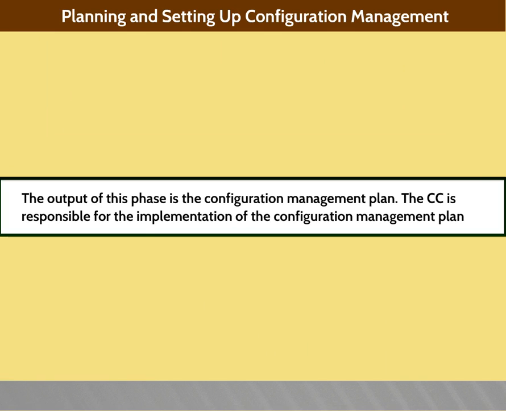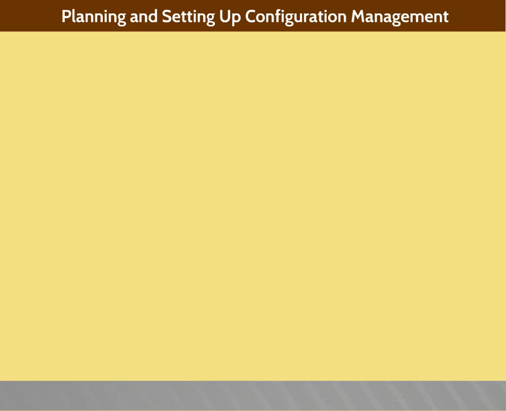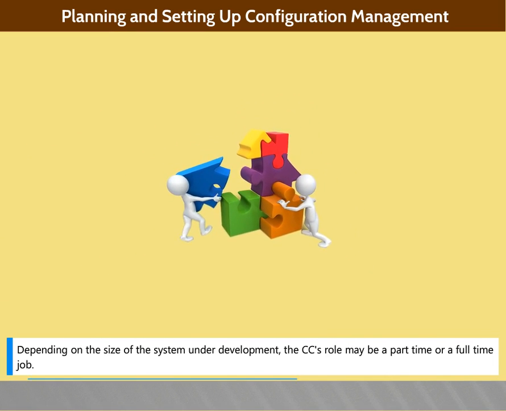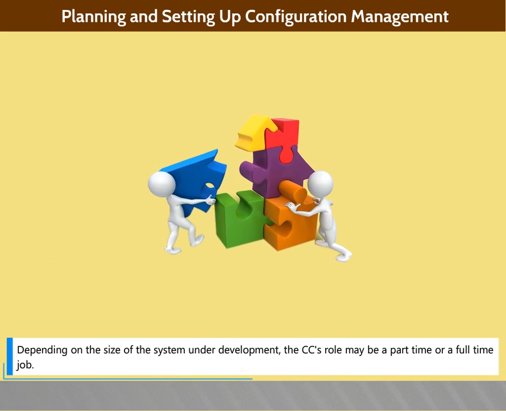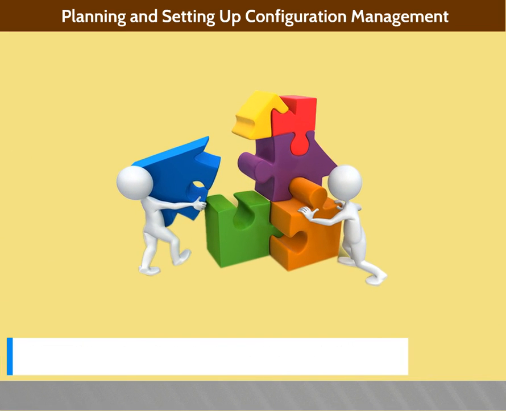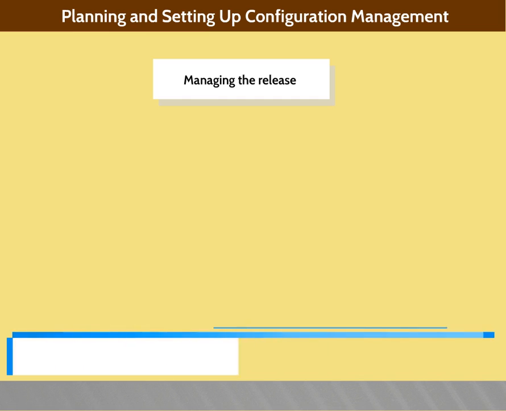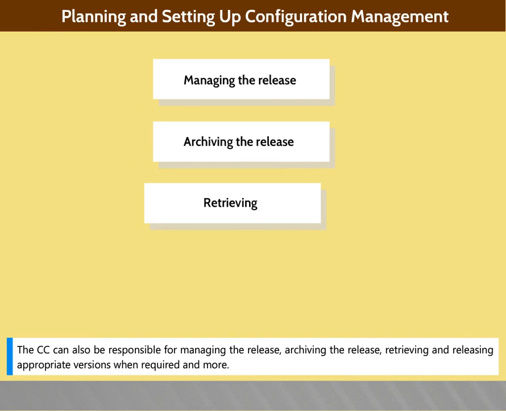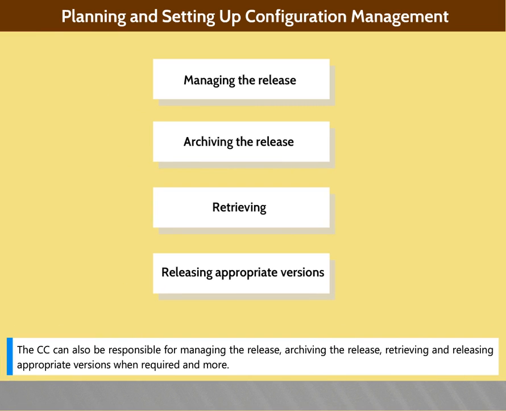The CC is responsible for the implementation of the CM plan. Depending on the size of the system under development, the CC's role may be a part-time or a full-time job. The CC can also be responsible for managing the release, archiving the release, retrieving and releasing appropriate versions when required, and more.